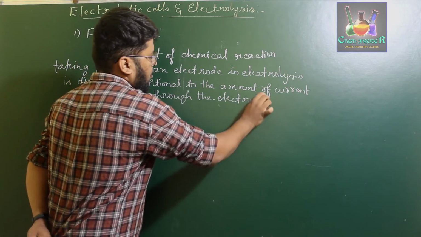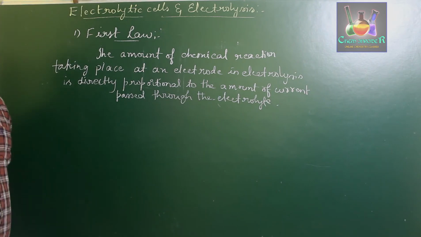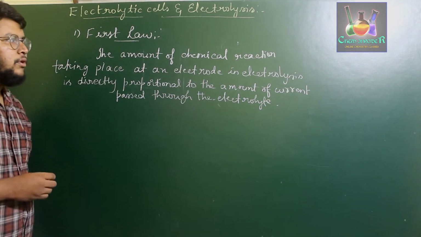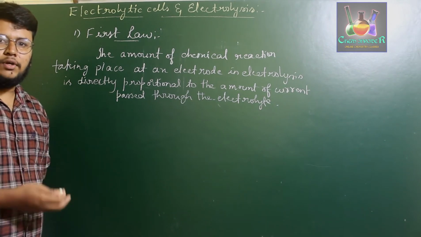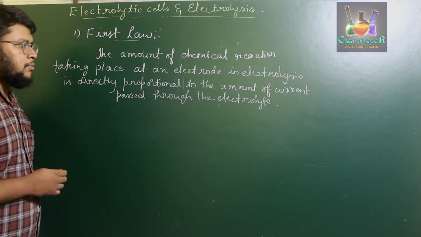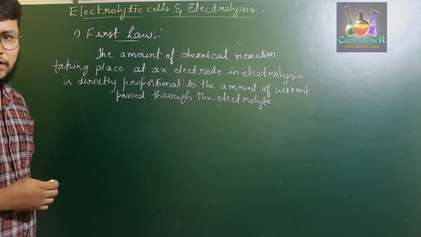So this is the first law of electrolysis of Faraday. It says that the amount of chemical reaction happening at the electrode of an electrolysis process is directly proportional to the amount of current we are passing through the particular electrolyte.